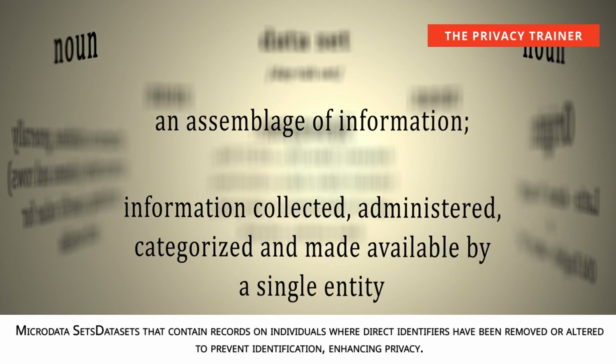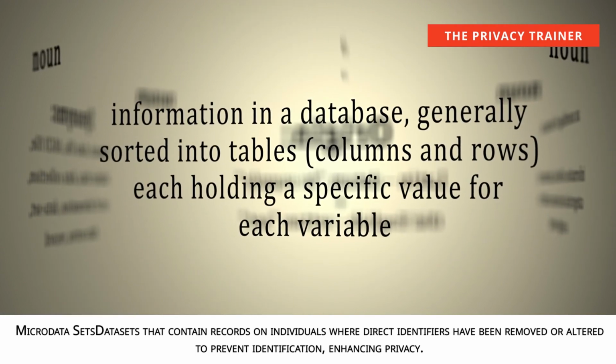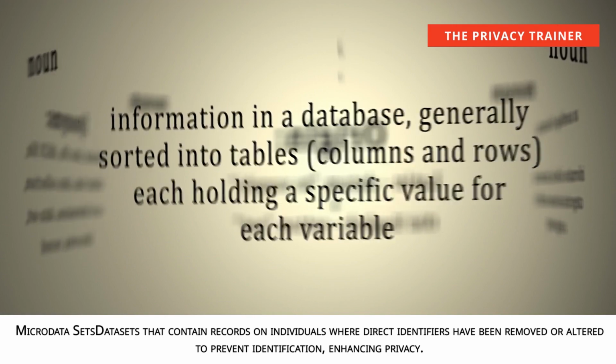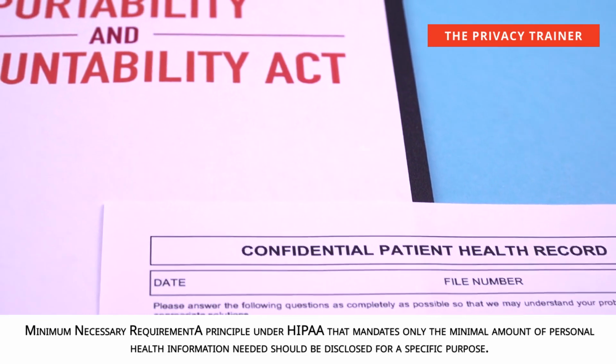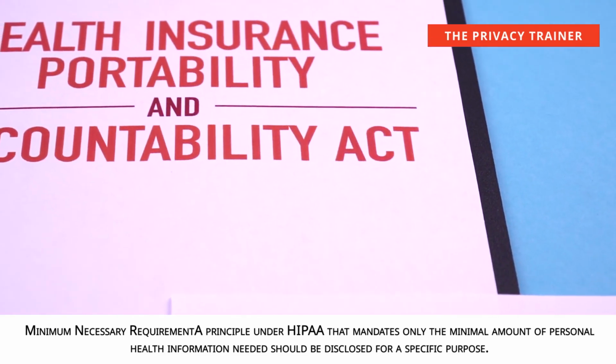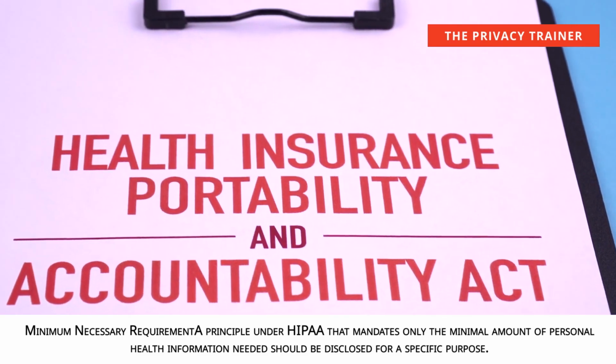Microdata sets, data sets that contain records on individuals where direct identifiers have been removed or altered to prevent identification, enhancing privacy. Minimum necessary requirement, a principle under HIPAA that mandates only the minimal amount of personal health information needed should be disclosed for a specific purpose.